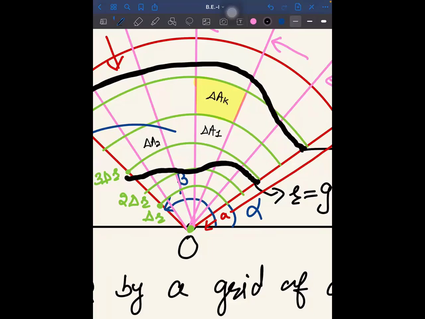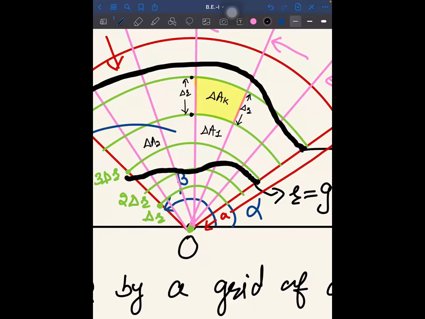Then you know that in this sector the change of radius is delta R on both sides, right? Is it okay? Because from this circle to this circle we have the change of delta R. Yes, you are with me? Yes, sir.